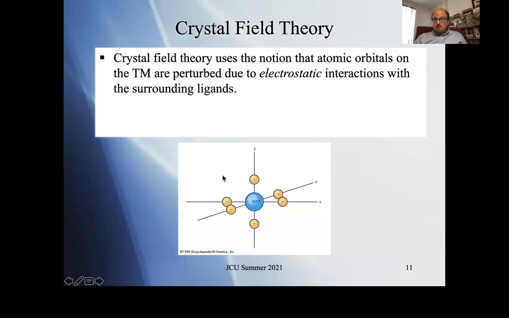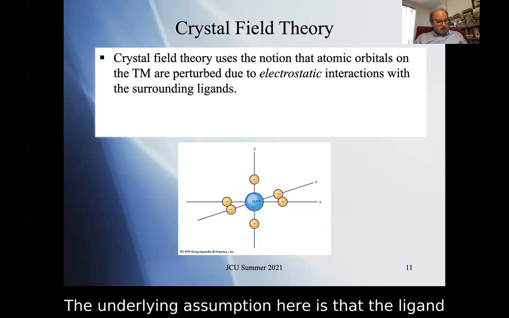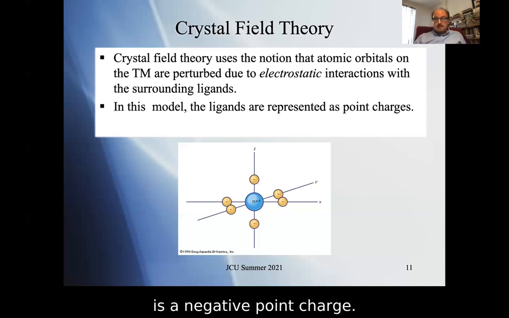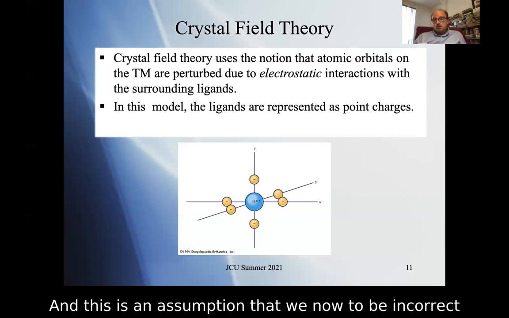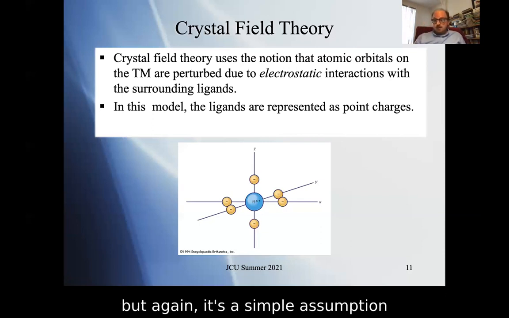Now, the underlying assumption here is that the ligand is a negative point charge, right? And this is an assumption that we now know to be incorrect. But again, it's sort of a simple assumption that we could use in the model, right?